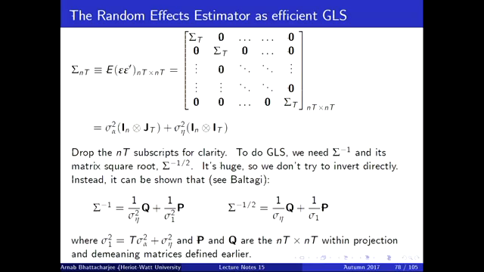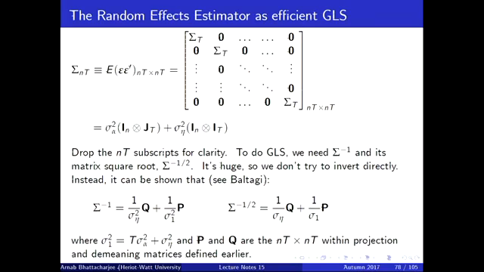The derivation is shown in Baltagi's book. So this comes out to be like this, where sigma 1 square is precisely T times sigma alpha square plus sigma eta square.